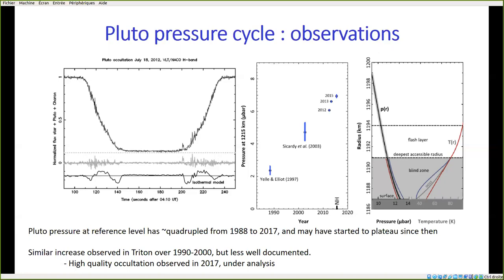And there are hints that the pressure may have started now to reach a plateau in recent years. And there are also hints for pressure evolution on Triton, but those are so far less documented, although a very good occultation data set has been observed a few years ago, and it's still under analysis, but it will tell us more about the pressure evolution on Triton.